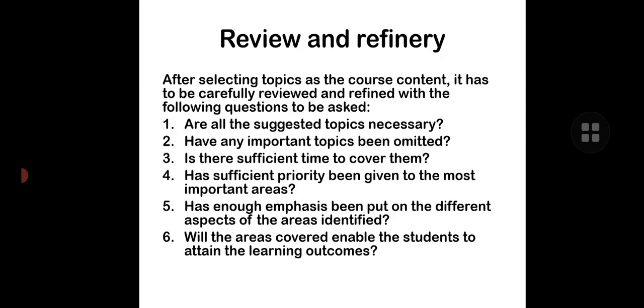So next is about review and refinement. After selecting topics as the course content, it has to be carefully reviewed and refined with the following questions to be asked. First, are all the suggested topics necessary? Second, have any important topics been omitted?